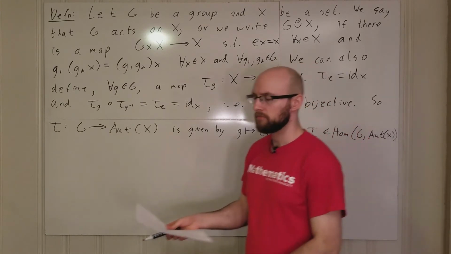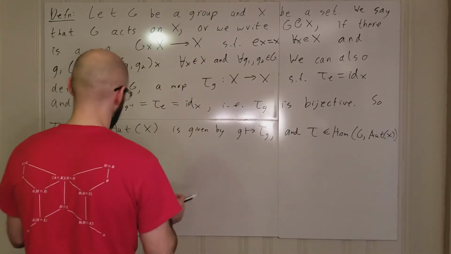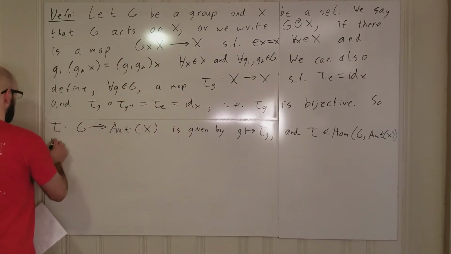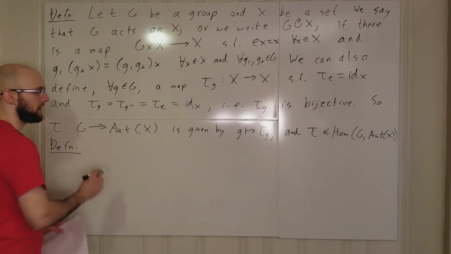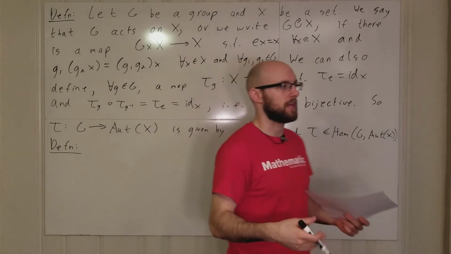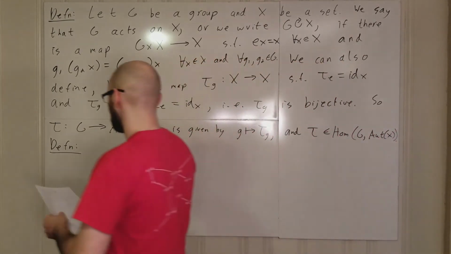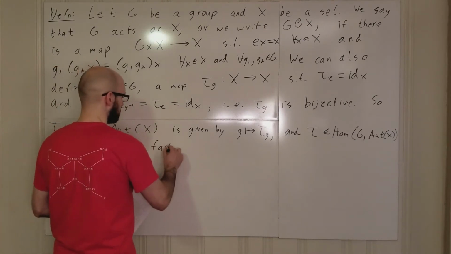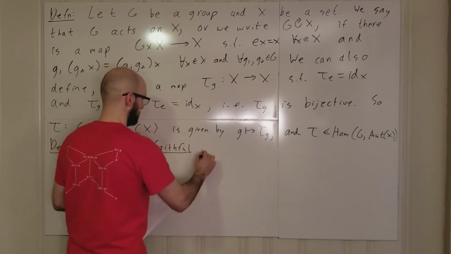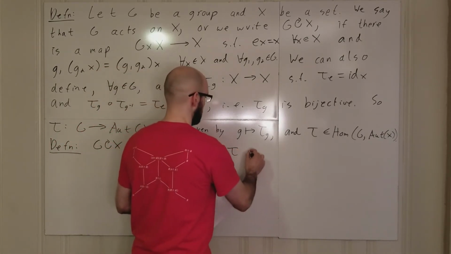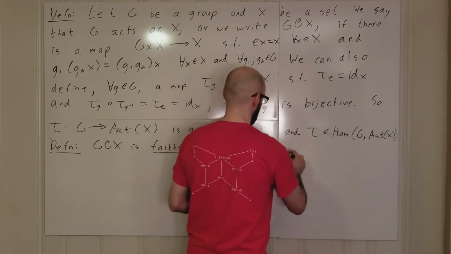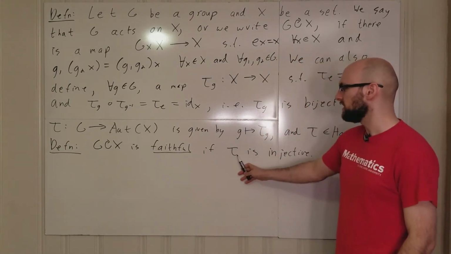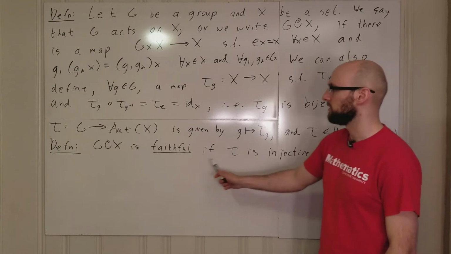All right, so with that done, we have some definitions that are related to group actions, and that describe certain group actions. So the action of G on X is faithful if tau is injective. This is most easily stated in terms of tau here.